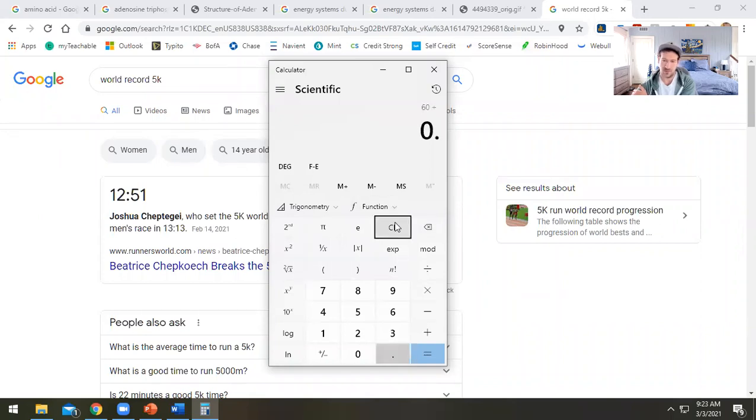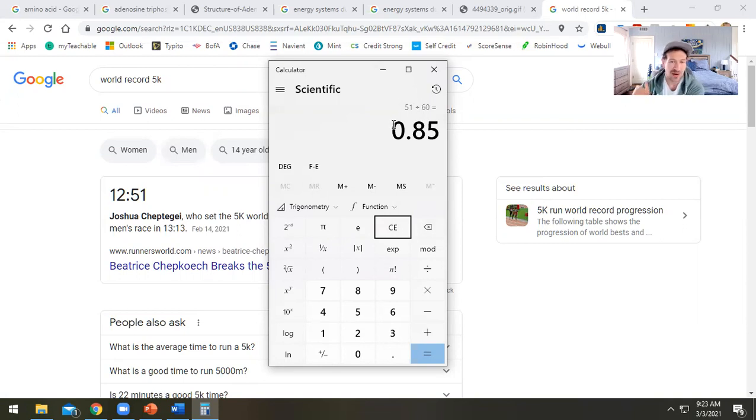Nope, that's not right. Oh, that's what it is, 51 divided by 60. Oh my God, what am I doing wrong here? There we go, 0.85. Man, my math skills are struggling.